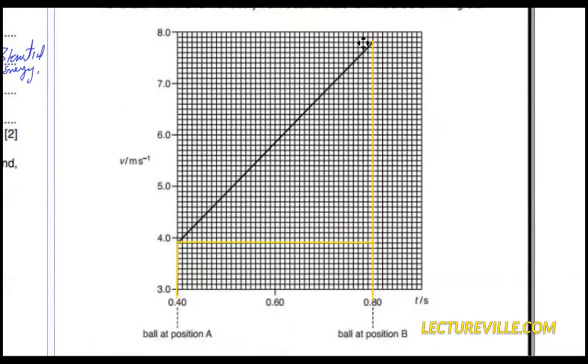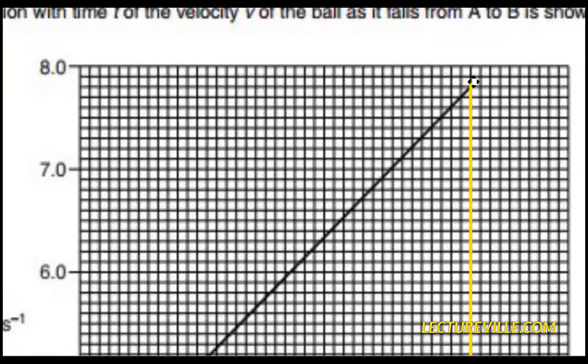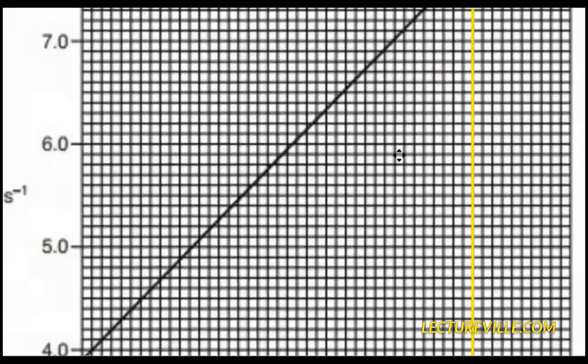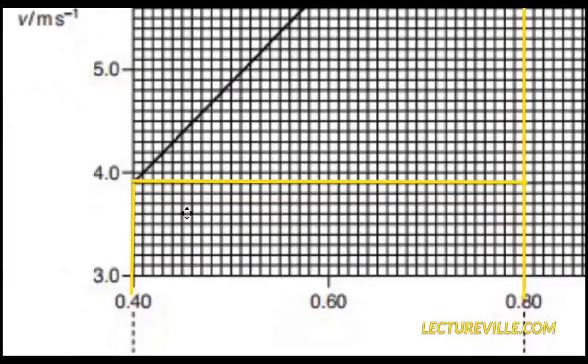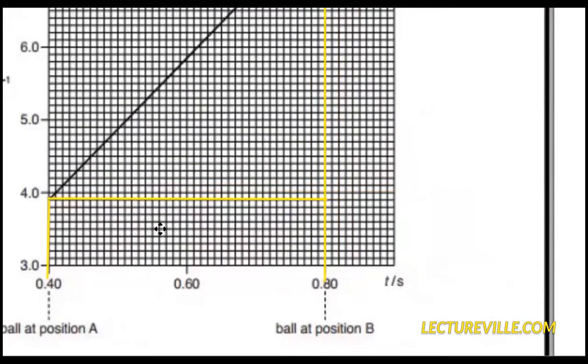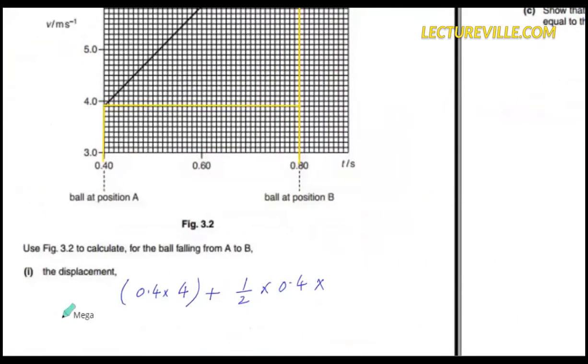No, it is not 4, it is 3.9. Oops, I made a small mistake. And the other one is 7.8 minus 3.9, which is also 3.9.